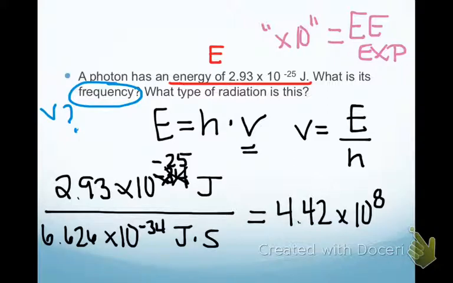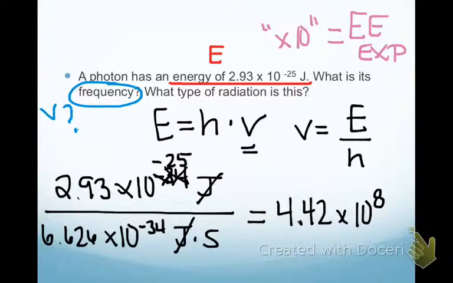And let's just double check if that really is to the 8th. 1, 2, 3, 4, 5, 6, 7, 8. Yep, to the 8th. So 4.42 times 10 to the 8th. Okay, now the question becomes what units go on here. And a lot of people ask about that. So notice in your equation that joules is going to cancel out and seconds is left in the denominator.